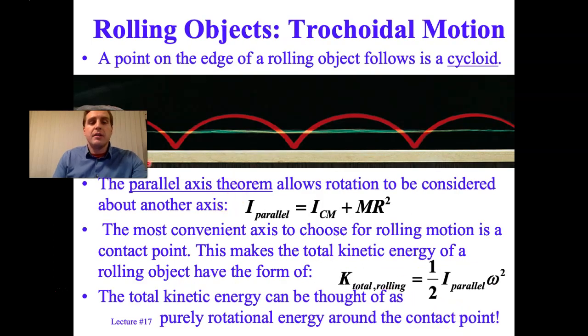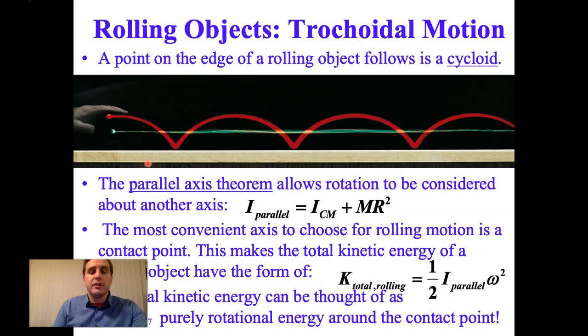Now, an interesting point about a rolling object is that if you put a tracer on the outside of a rolling object, you'll see that the center of mass will go in a nice straight line, but a point on the exact outer edge of that rotating object will experience what we call trochoidal motion.